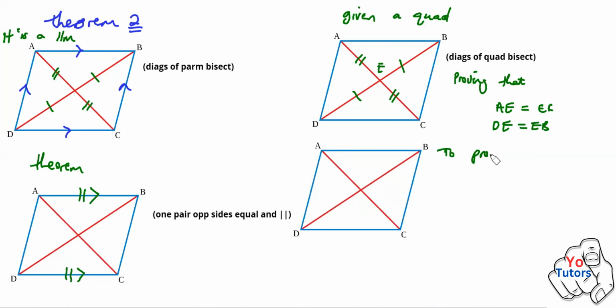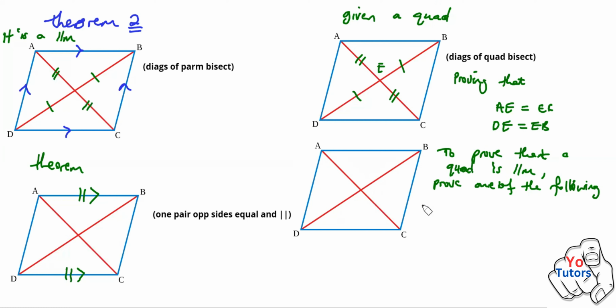To prove that a quadrilateral is a parallelogram, you must prove one of the following. Sorry for my handwriting here.